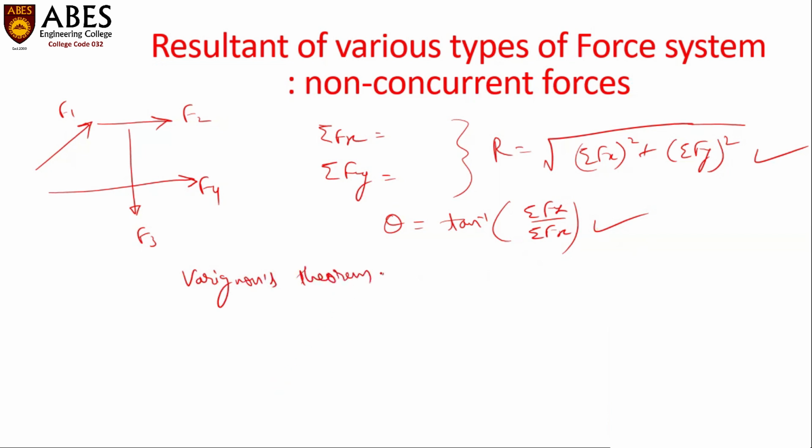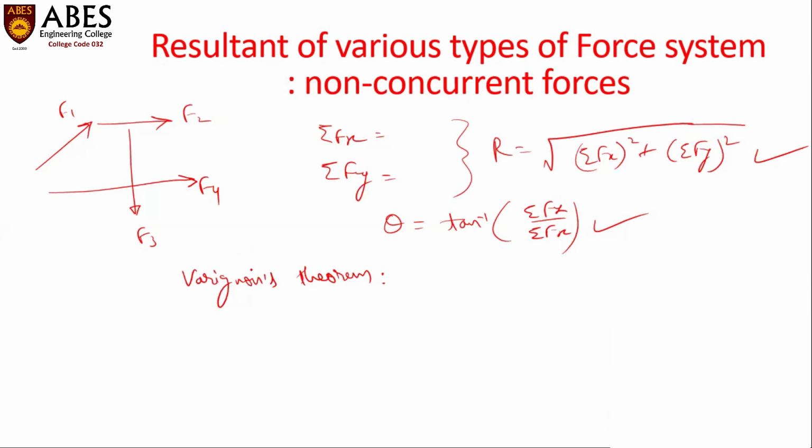So what is Varignon's theorem? It states that if a number of forces are acting in a plane, that is, the system is a coplanar force system, then the summation of moments of all the individual forces will be the moment of the resultant of those forces about the same point.